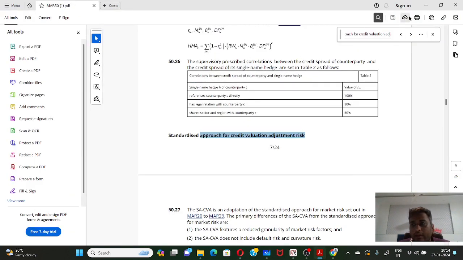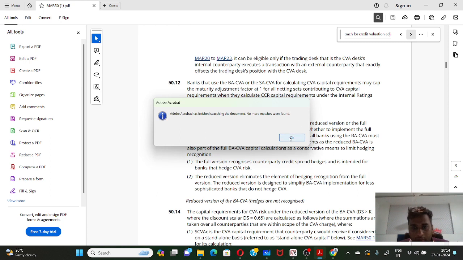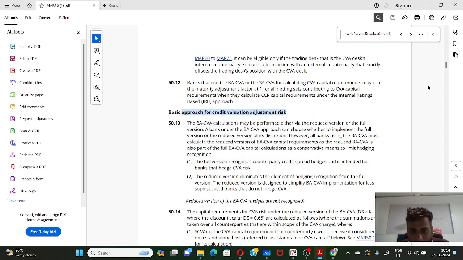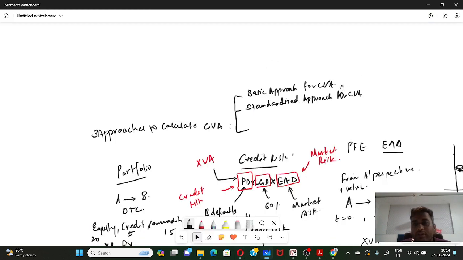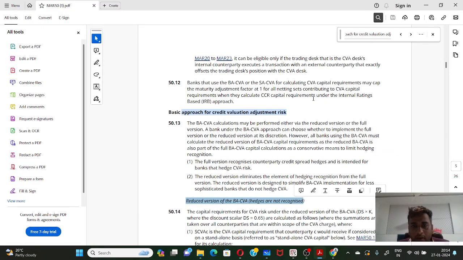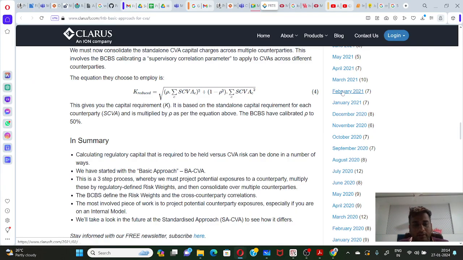And then let us see what the third one is. There is a subtype within the basic approach which is called a reduced version of CVA where hedges are not recognized. So this itself we can rewrite, this goes out, and this has two types. The first one is where hedges are not recognized.